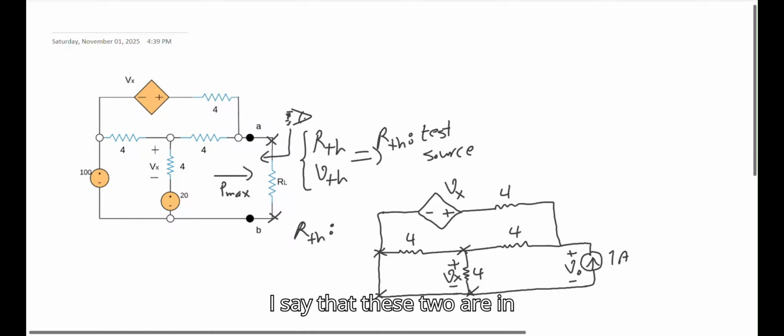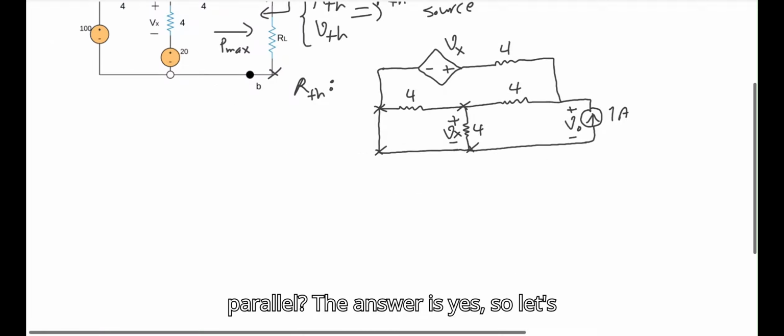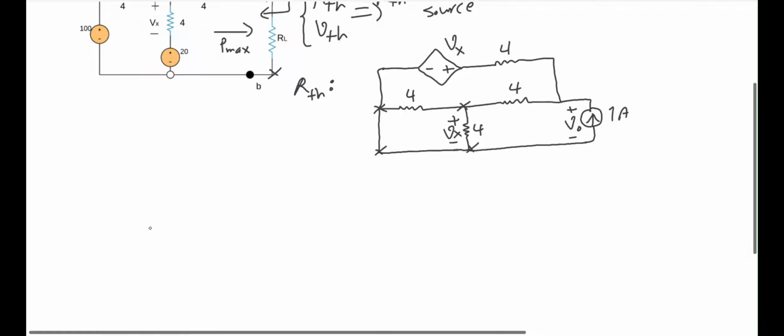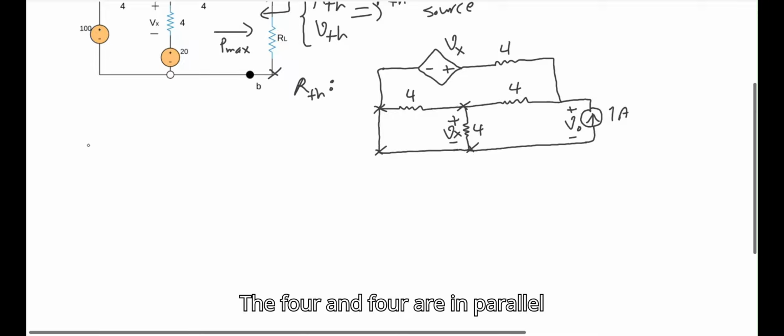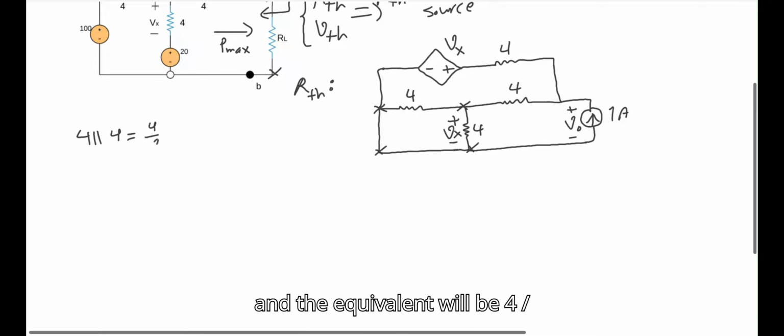Can I say that these 2 are in parallel? The answer is yes. So let's try to simplify this circuit more. 4 and 4 are in parallel, and the equivalent will be 4 divided by 2, or 2 ohms. So I can just cut this middle one from here.